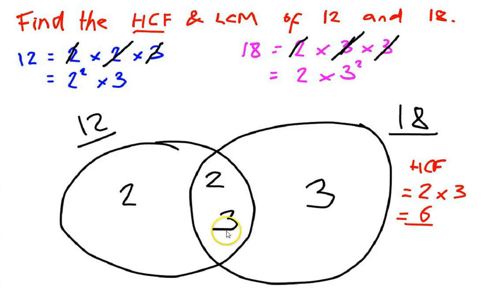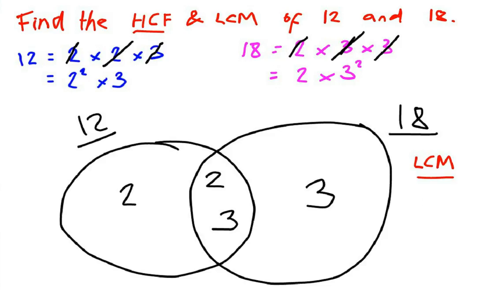Now, if I get rid of that, there we go. Now we're going to find the lowest common multiple of both of these numbers. To do that, we multiply together all of the numbers in our whole Venn diagram.